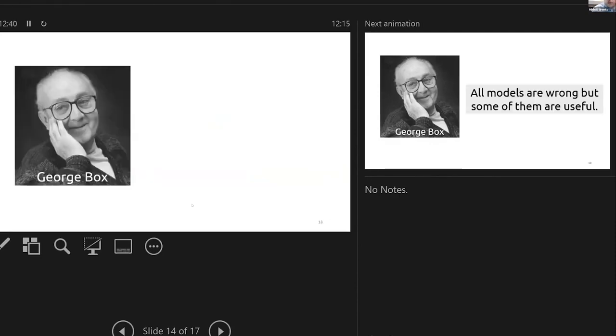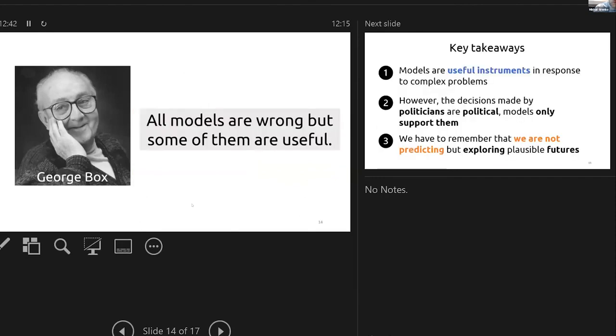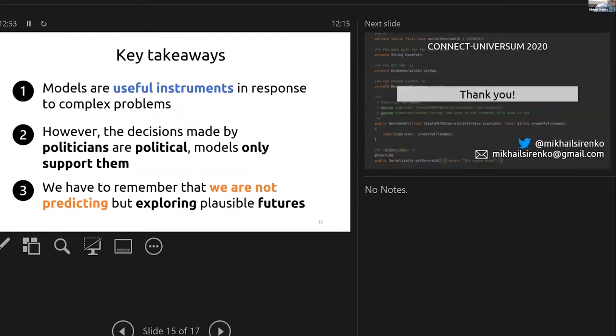Well, to conclude, here's a famous quote from George Box: we build a model, but we always keep in mind that all models are wrong, but some of them are useful. This is just a tool to understand reality. It's a useful instrument for sure, because it's better to have a certain sense of how different policies can affect reality.